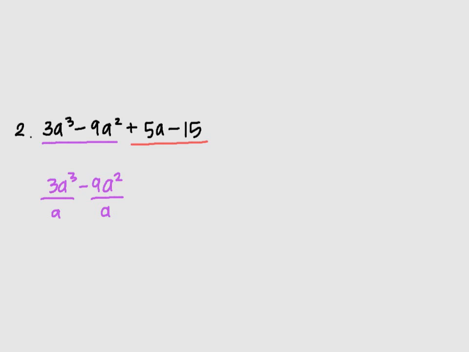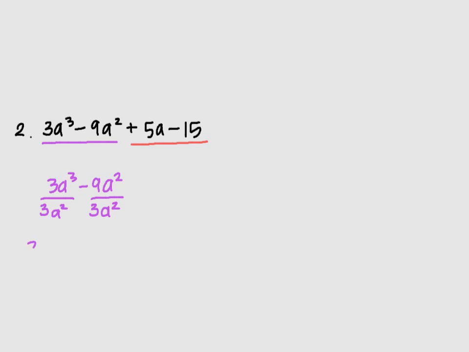Not only do they have an a in common, they have a times a in common, or a squared. So they both have a factor of a squared. I'm looking at the coefficients 3 and negative 9. Those 2 numbers are both divisible by the number 3. That's the largest factor. So I see that my GCF for the first 2 terms is 3a squared.